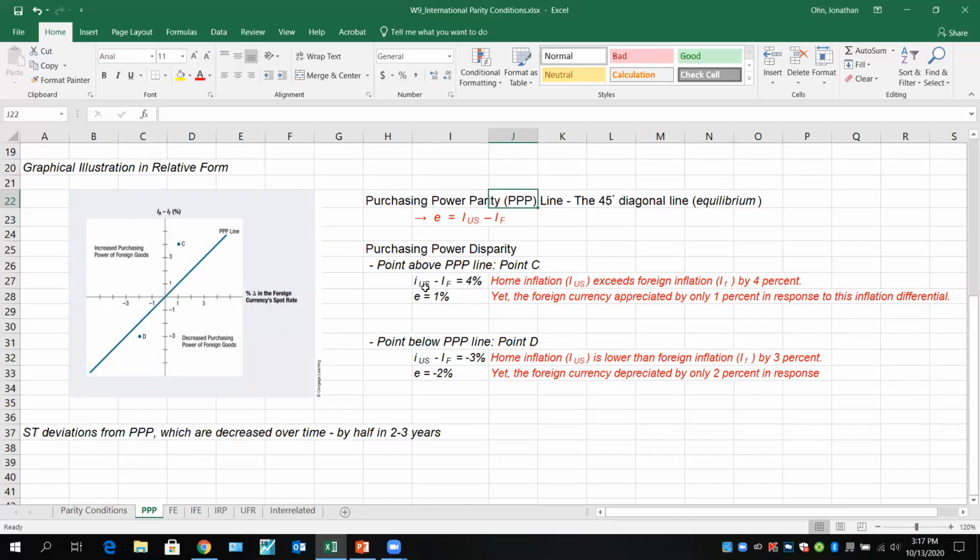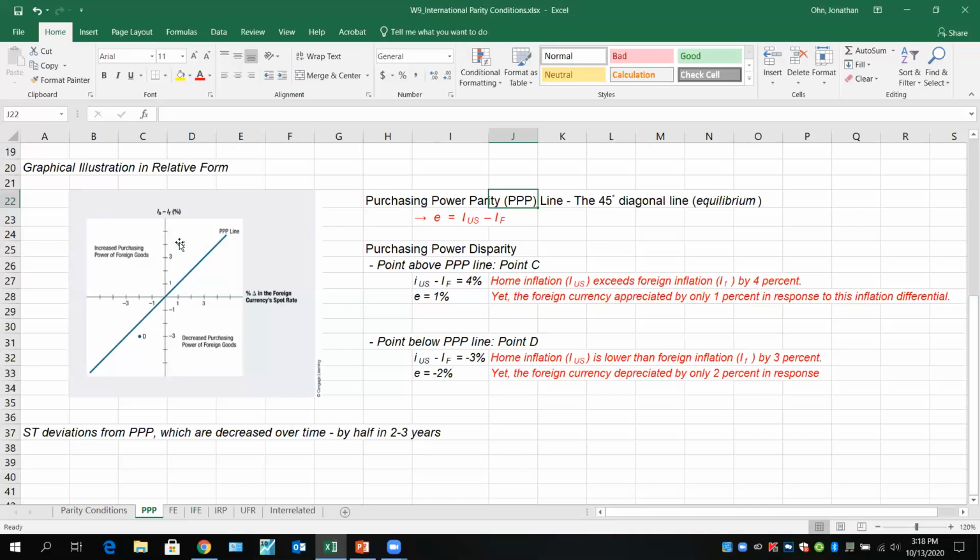In this case, if it is in disparity, not in equilibrium, then your relative inflation is much higher than the percentage change in exchange rate. Then what happens is the foreign exchange rate will adjust itself toward this equilibrium condition. Here at C, as you see, this is a disparity, right, not in equilibrium.